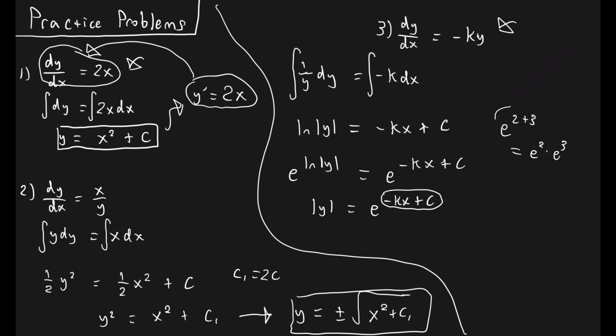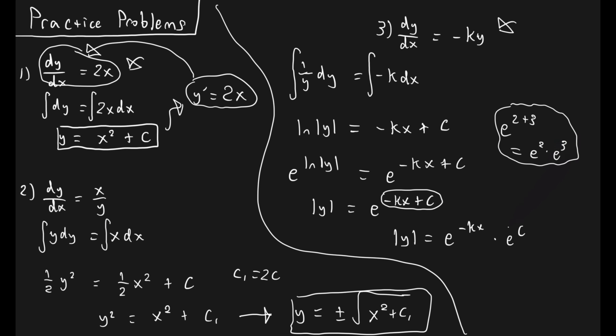That's just a rule we know about exponentials, that when you're adding in the exponent, it's the same as multiplying. So this can be rewritten as the absolute value of y is equal to e to the negative kx times e to the c.